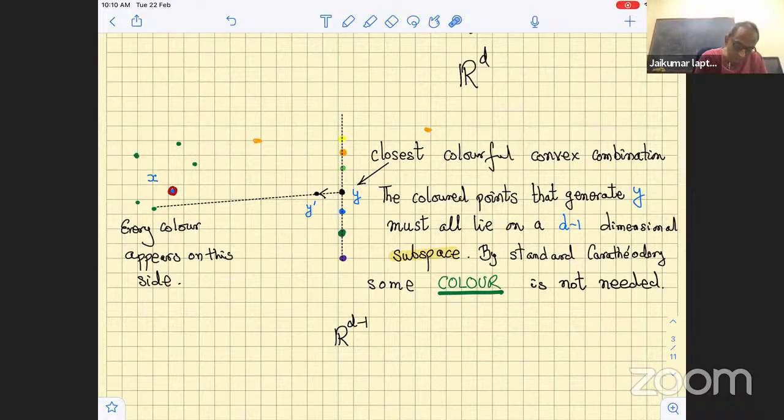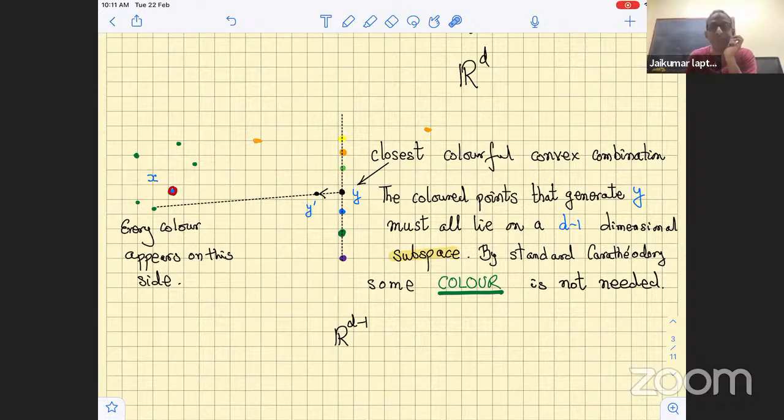So there is at least one green point, maybe here, maybe here, but that means it is possible for you to move in that direction, and it will still be a colorful combination, because the old combination did not use dark green. We are just adding a little bit of weight to the dark green, which was not used previously. So it now still is a colorful combination. No color is unused. And we have moved closer to x, and that's a contradiction.